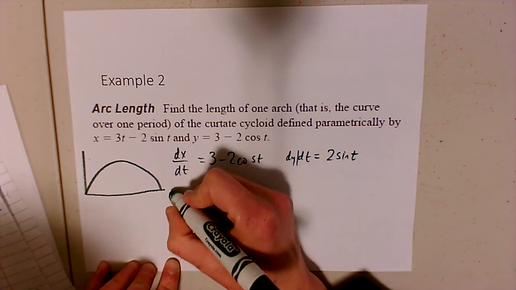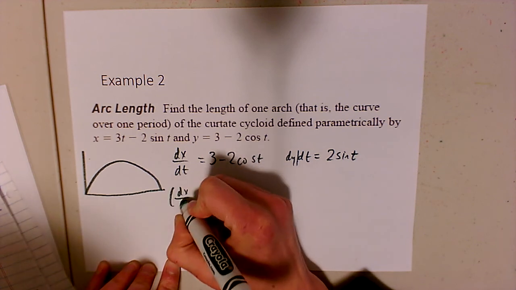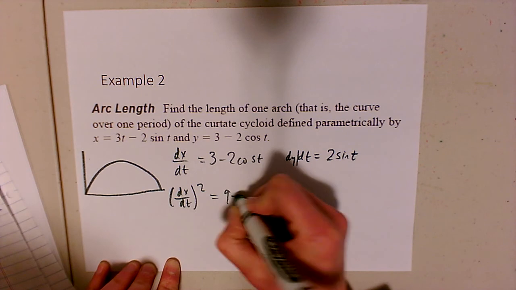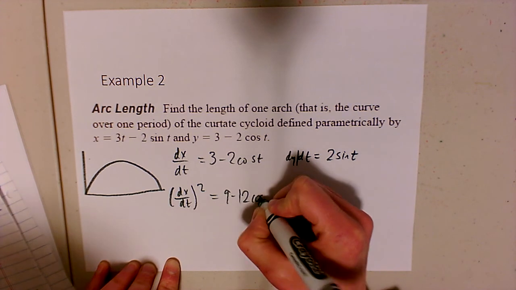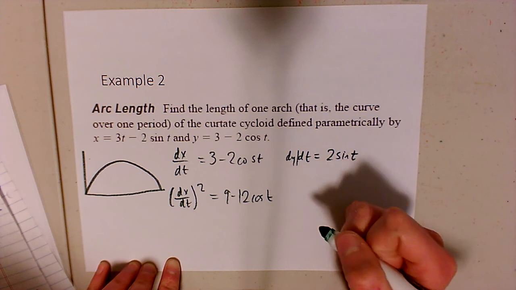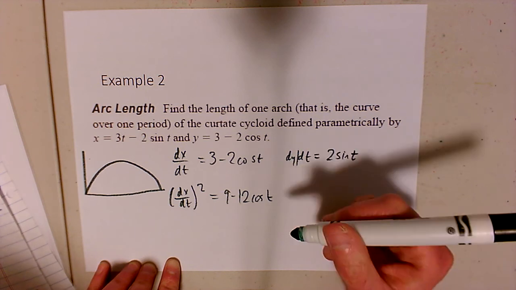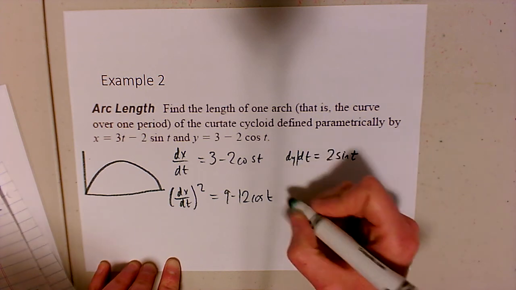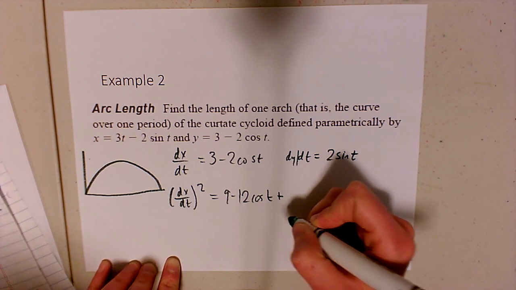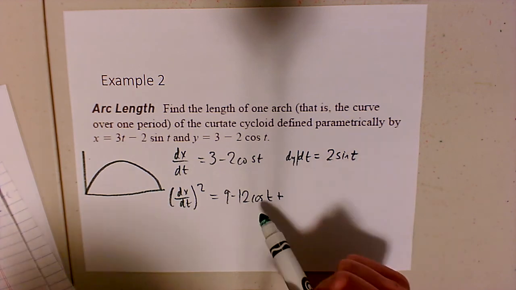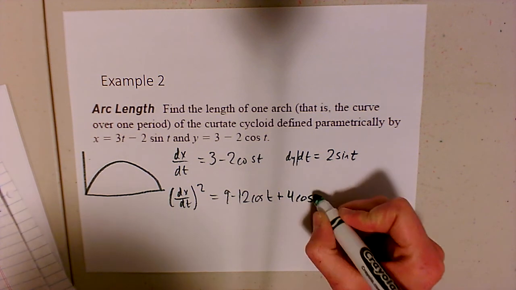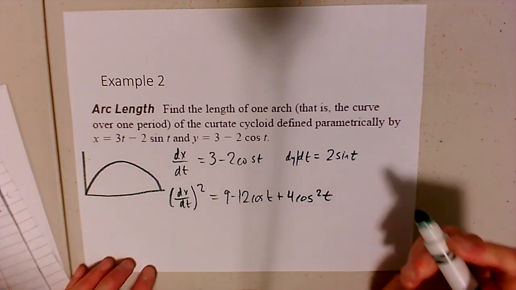So then we can say that dx dt squared is going to be 9 minus 12 cosine t plus 4 cosine squared t.